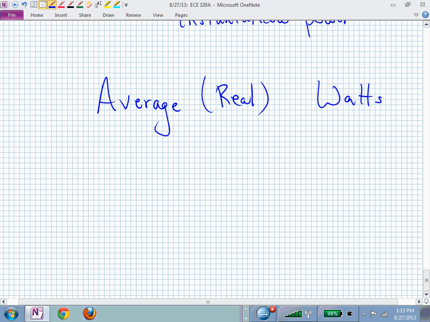Now, we are going to be playing with circuits that are more than just resistors. If we just had resistor circuits, then we would only have to worry about average power, because then the voltage and the current and all the voltages would all be synced up. The peaks would all be aligned and the valleys would all be aligned.